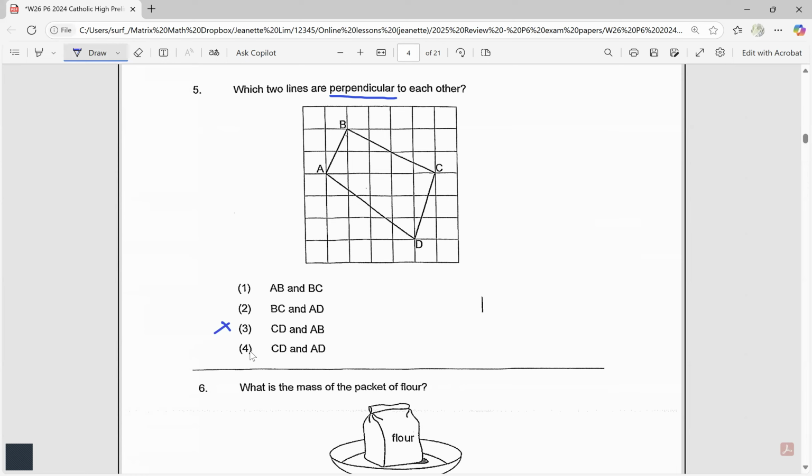All right, now let's look at AB first. AB cuts across two squares. So the two squares I'm talking about are these two. It cuts nicely across two squares. Then if I look at AD, it starts here. It will not touch the corner of the square until it's over here.